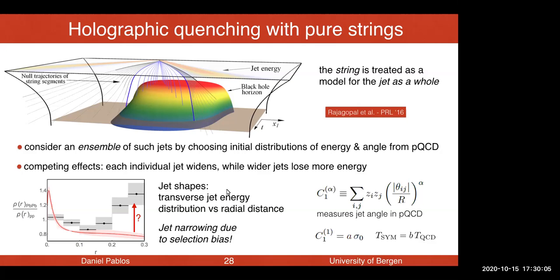So what you have is a selection bias towards those jets that lost the least energy. This is what they see by computing the jet shapes, the ratio of lead-lead over pp. This is the transverse energy distribution versus the radial distance with respect to the jet axis for jets of radius 0.3. And indeed, they see this narrowing.